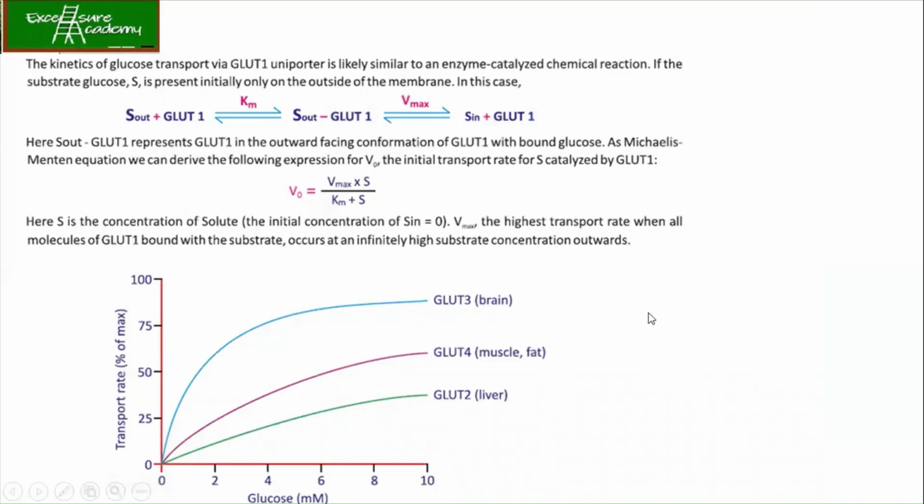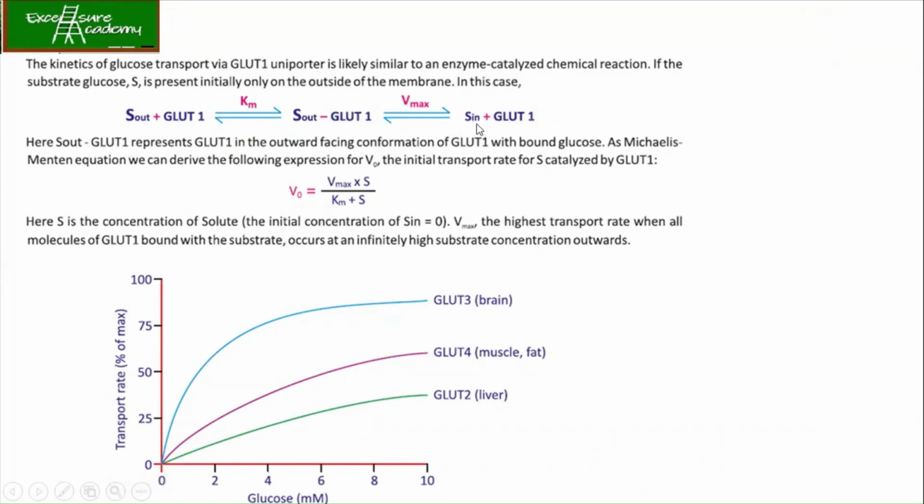Now, let's talk about the kinetics over here. So the kinetics of glucose transport with the help of the GLUT1 uniporter is similar to your enzyme catalyzed chemical reaction. So you have got the S out GLUT1, then S out GLUT2. ये क्या हो गया आपका? ट्रांसपोर्टर हो गया, ठीक है, एंजाइम सबस्ट्रेट बन गया है.